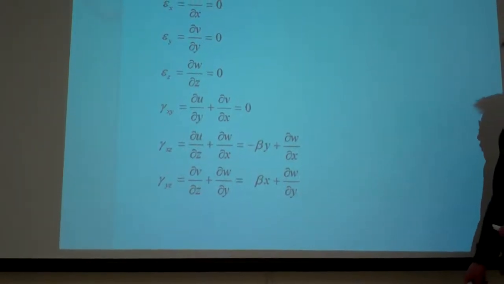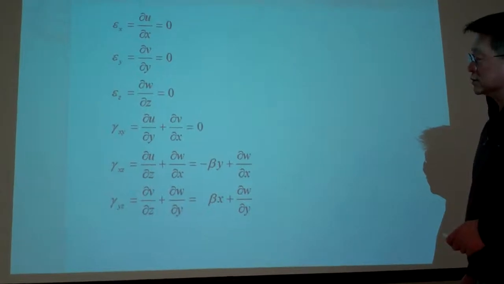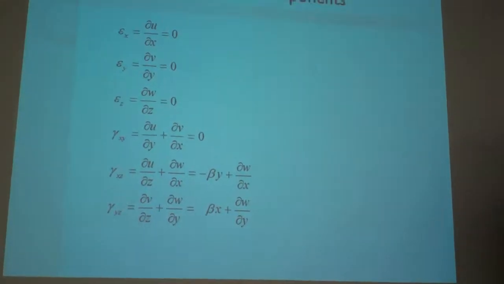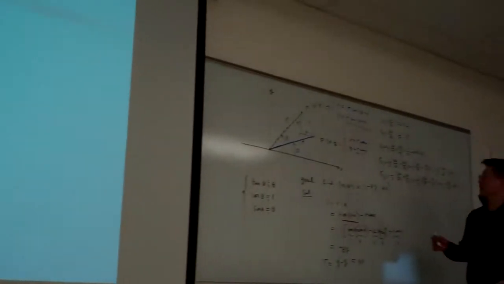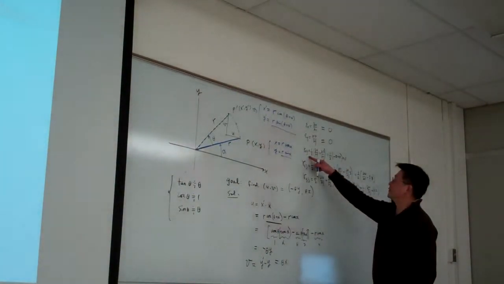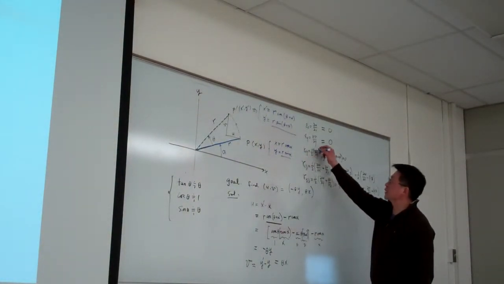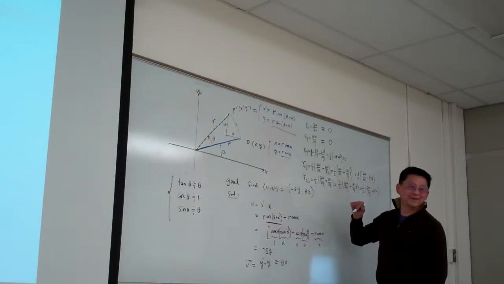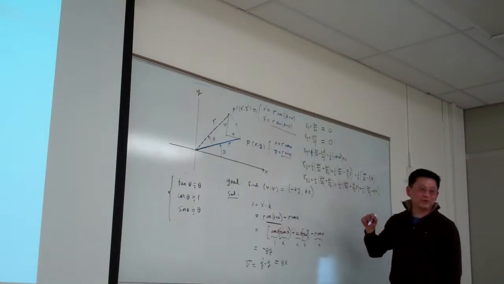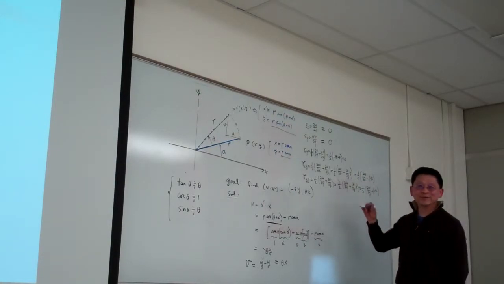So that is achieved by, oops. I made a mistake here, right? David kind of laughed at me. For the definition of the engineering shear strain, we don't have 1/2, right? I'm glad you're using pencil. I'm so sorry for other people.